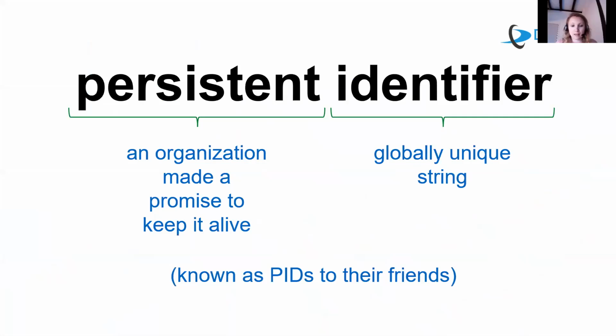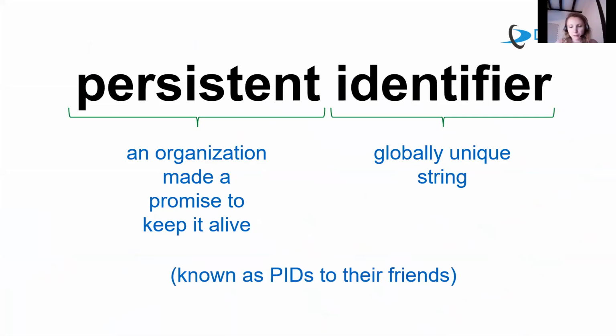So yeah, to really start from the beginning, what is a persistent identifier? Well, the identifier part really is about this being a globally unique string. So only that entity is identified through that unique string. And then already the previous speakers made a distinction between unique identifiers and persistent identifiers.